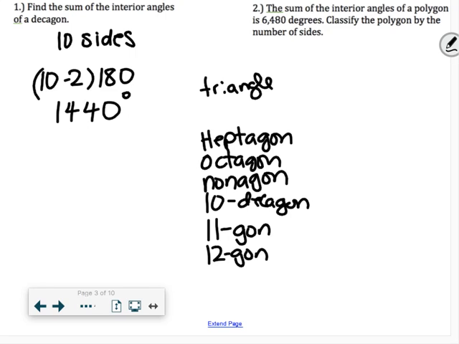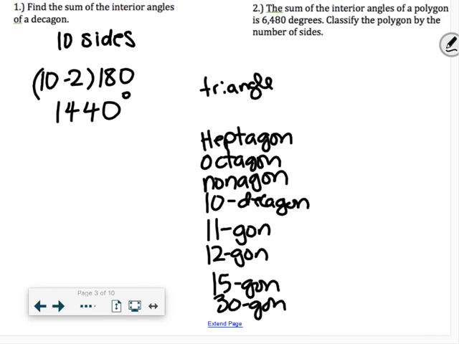But after 10, I don't need you to memorize any. Some of you might know that a 12-sided shape is a dodecagon, but it's just 11-gon, 12-gon. So a 15-sided shape is a 15-gon. A 30-sided shape is just a 30-gon. So any number of sides, dash, gon.